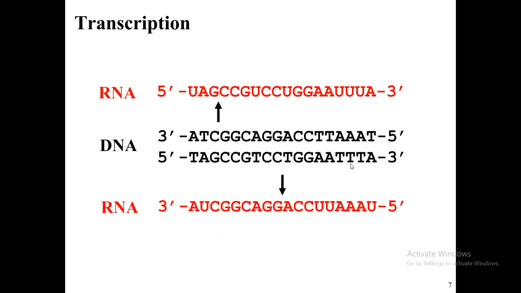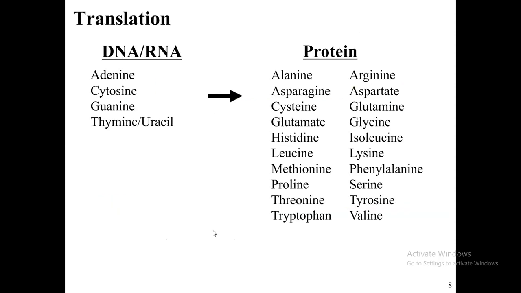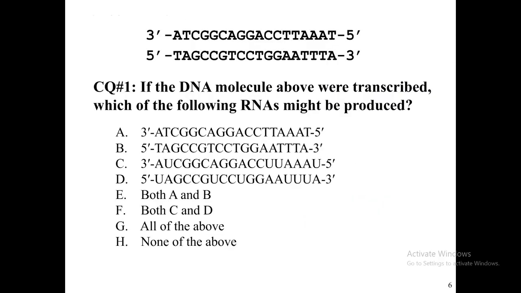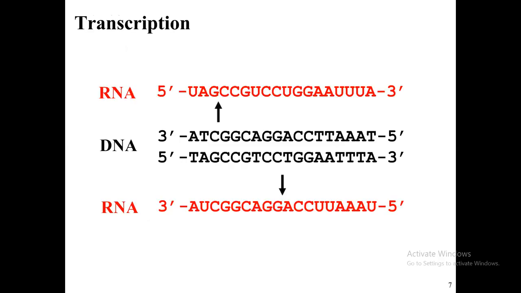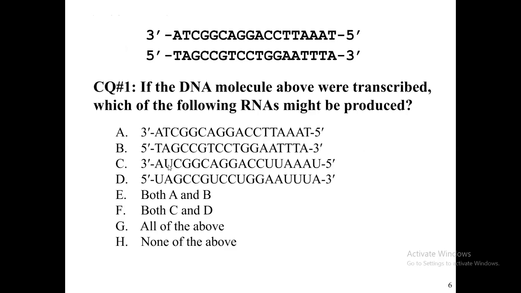Now the bottom strand would really be going from 5' end, adding to its growing 3', it would go this direction. But then it could get flipped around on the next part. So we have our answers there. I believe that means it should have been both C and D. AUCG, yes, so the answer is F, both C and D.